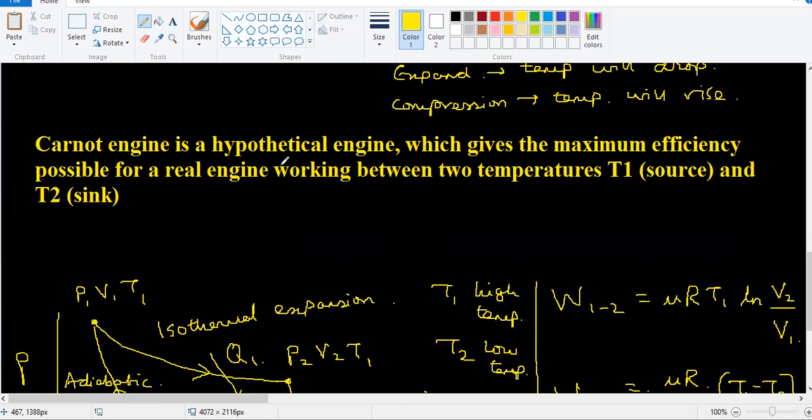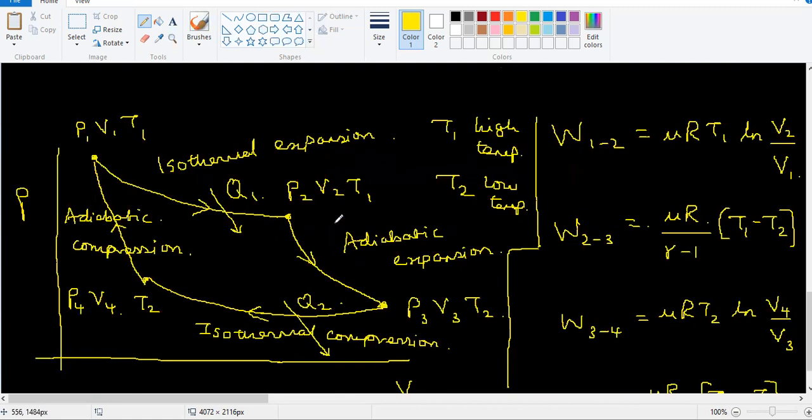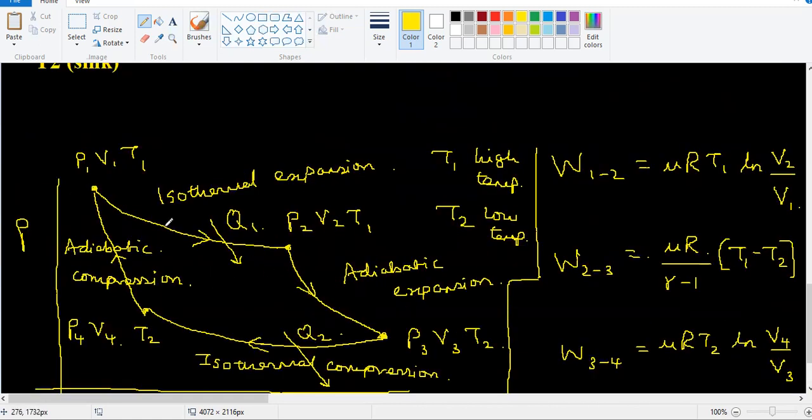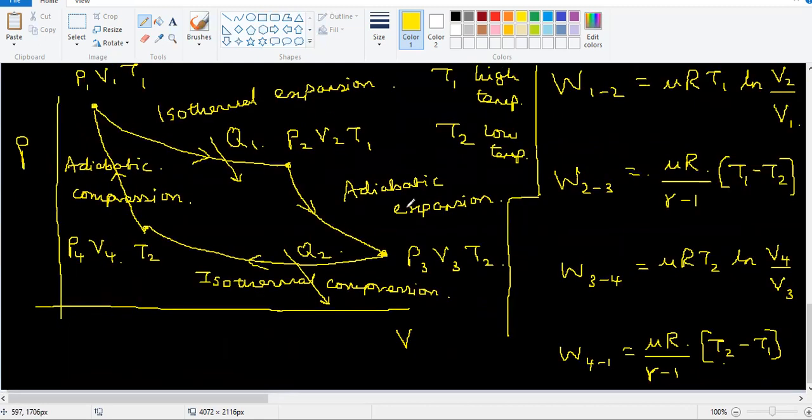It's a benchmark. If I'm making an engine, I can tell what is the maximum efficiency that is possible using this calculation. After understanding this graph, which is very, very important, writing this equation is very, very easy.